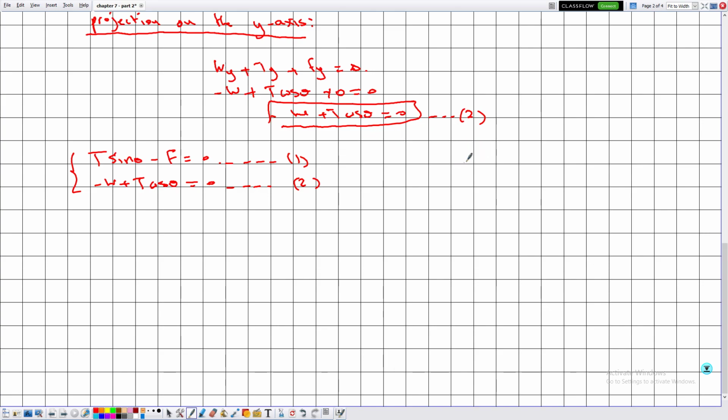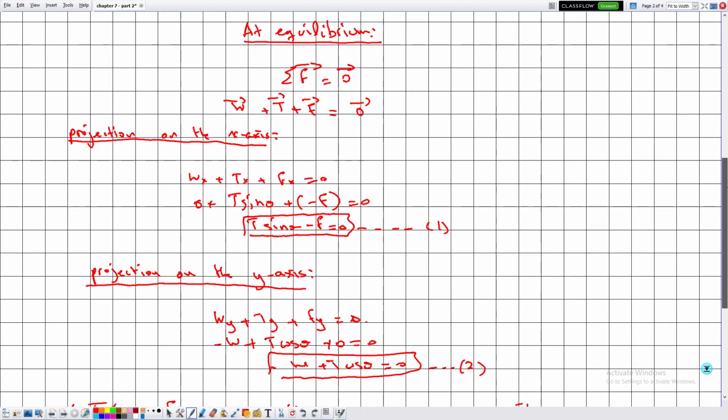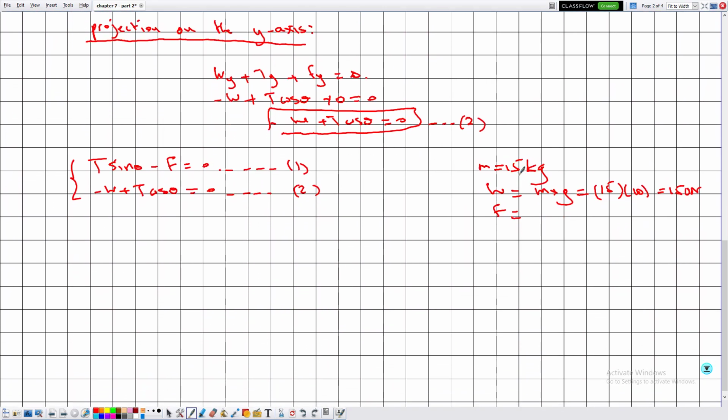So if the mass of the lion is equal to 15 kilograms, then the weight, which is equal to m multiplied by g, which is equal to 15 multiplied by 10, which is equal to 150 newtons, and the magnitude F is given by 180 newtons. So we know the value of W and we know the value of F, representing the magnitudes of the vectors W and F. So we know W and we know F.